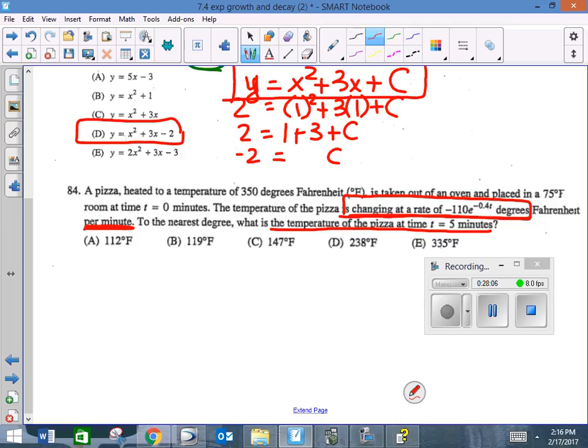It's a derivative. So dT/dt, the change in temperature over the time frame, equals negative 110 e to the negative 0.4t.